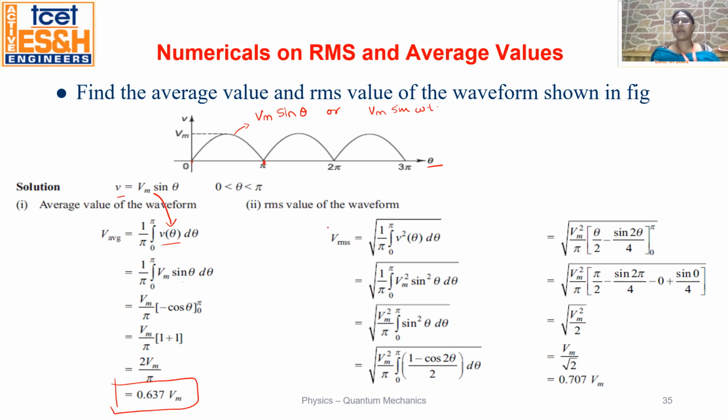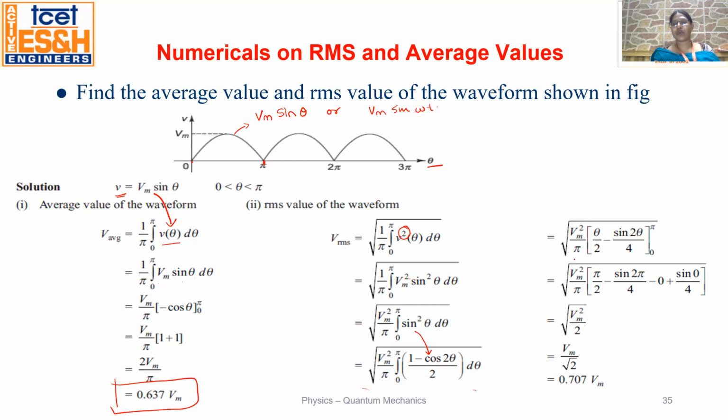For the RMS value, again you have to take the square root of 1 by pi, integration from 0 to pi of the square of the function v. So you square both, Vm square and sine square theta d theta. Here sine square theta is replaced by (1 minus cos 2 theta) divided by 2.